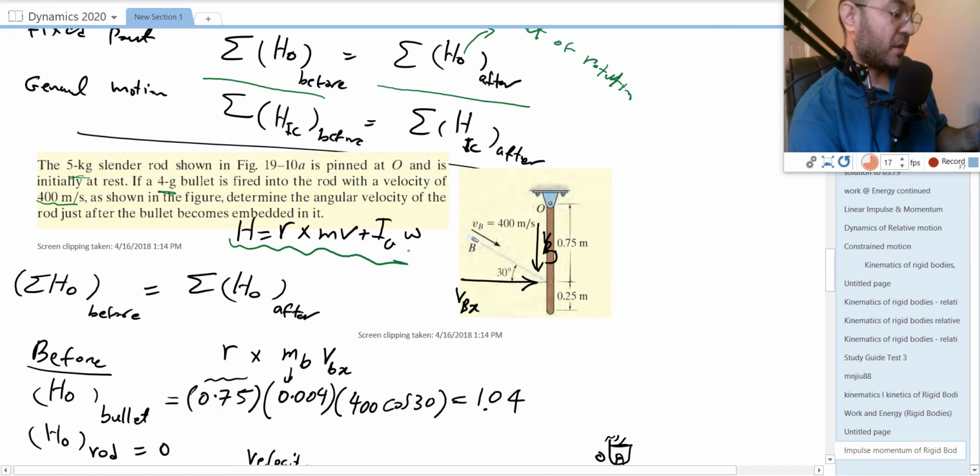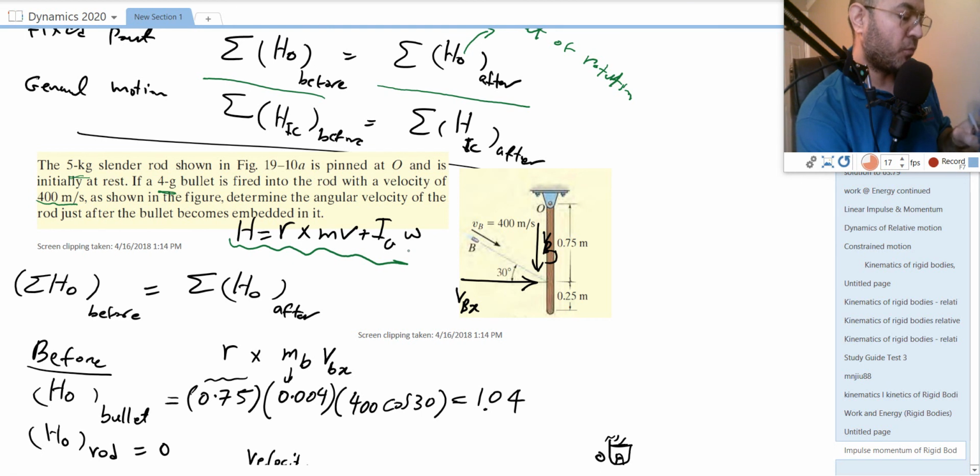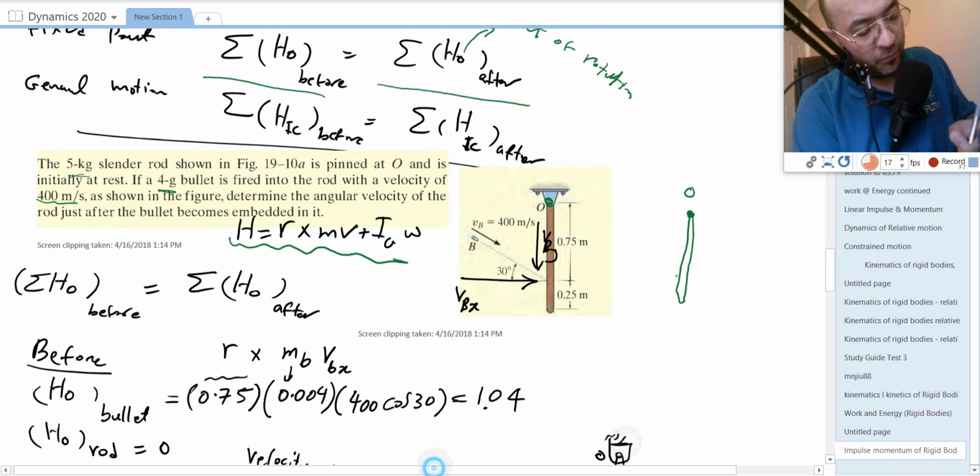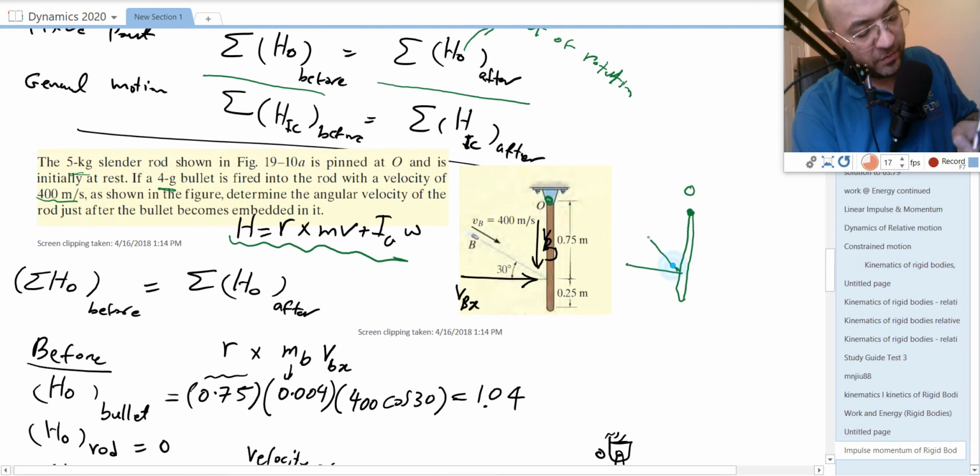So let's look at before impact. What's happening to the bullet? The bullet has a velocity of 400 meters per second. We have a point of rotation here, and we want to find angular momentum. This is the point of rotation O, and the bullet is coming like this.